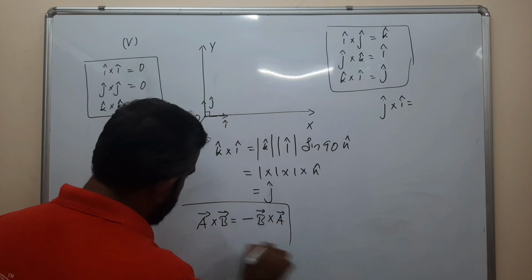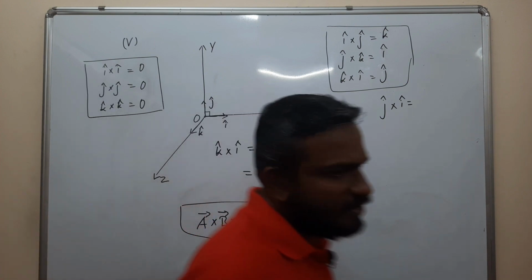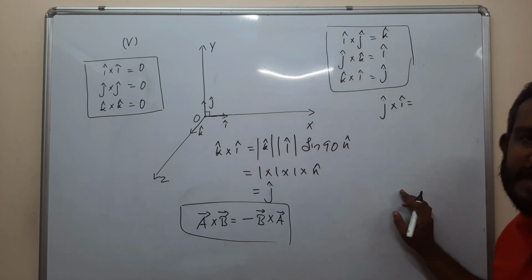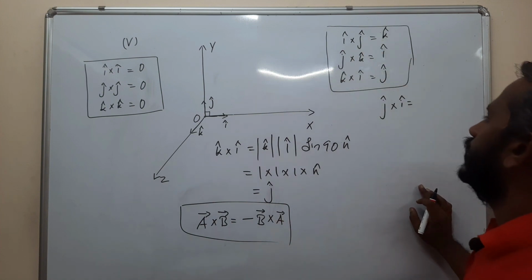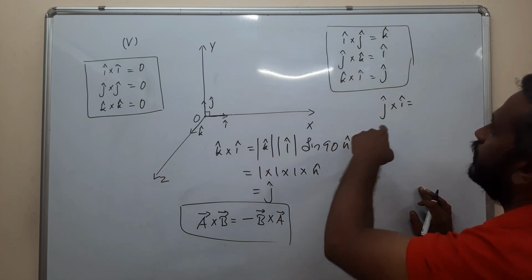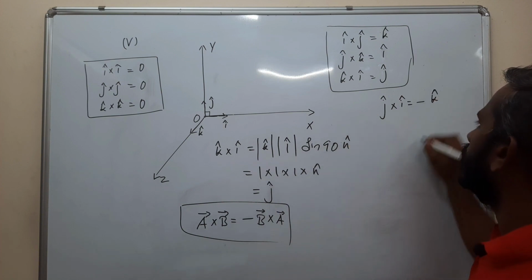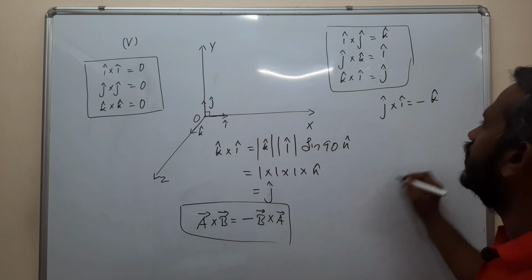So by that principle, I cap cross j cap is equal to k cap, and j cap cross I cap is equal to minus k cap.